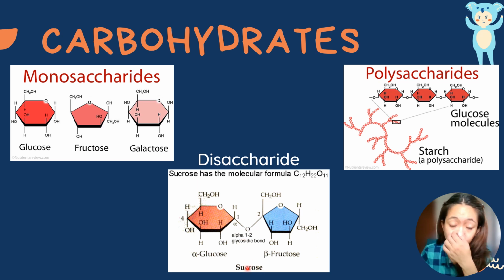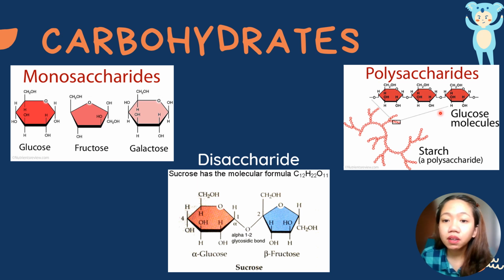So here you would notice that sucrose is made up of two monosaccharides, namely glucose and fructose. And then finally, starch. So these are bigger polymers, because they are a combination of multiple monosaccharides. So here you will see that starch is made up of multiple chains of glucose bonded by glycosidic bonds. So there, that's your carbohydrates.